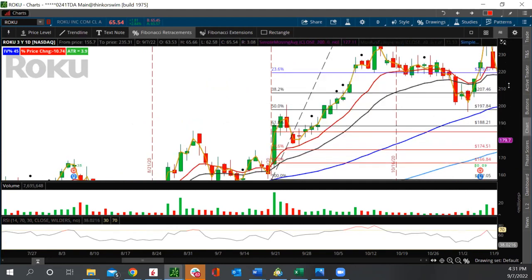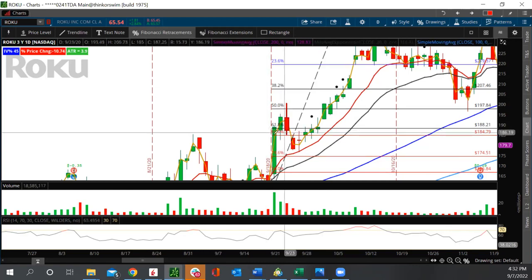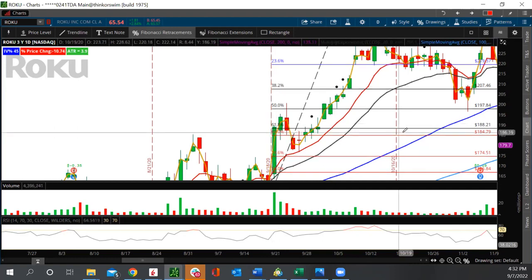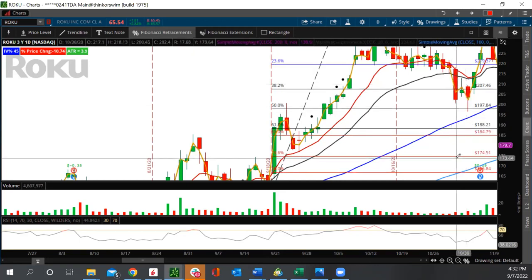Your stop would be down here at the 78.6 level or below it. The zone where you're looking to go long is anywhere between 38.2 and the 66, which is my own level that I add in there. So between 38.2 and the 66 level is the buying zone. In this example, if you just happened to use the 50% retracement, you could have gotten triggered in here, with your stop below the 78.6 level.